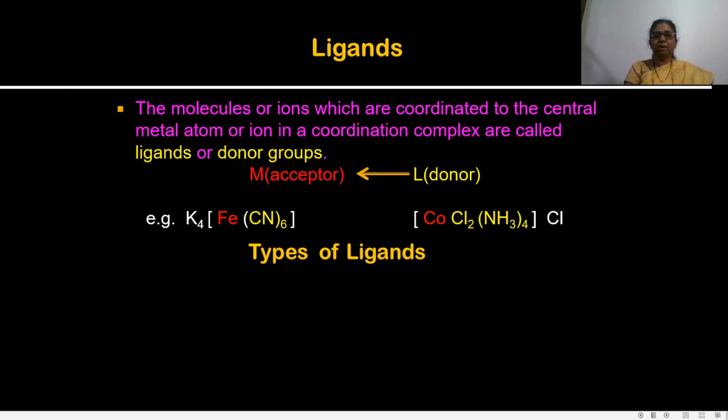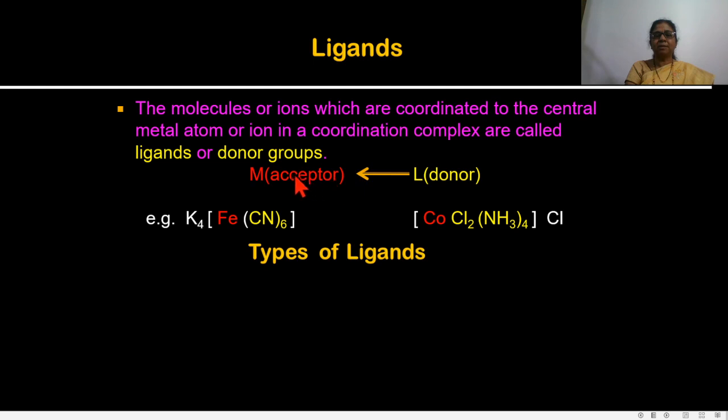In the coordination compound, the metal is the acceptor. Ligands are denoted by L, and the central metal atom is denoted by M. The coordinate bond is denoted by an arrow, and the head of this arrow points towards the acceptor.